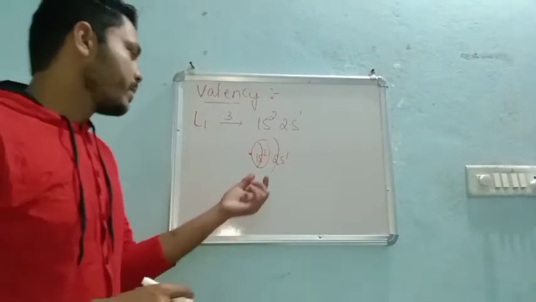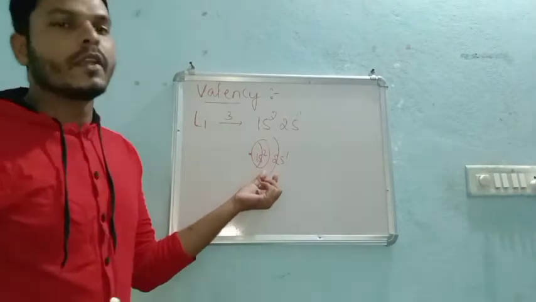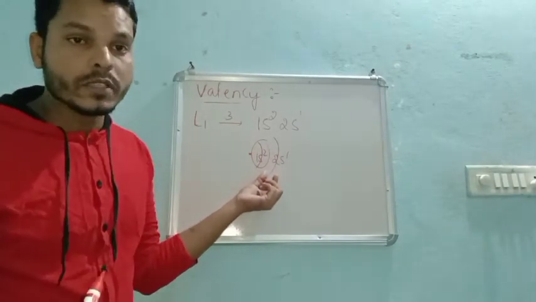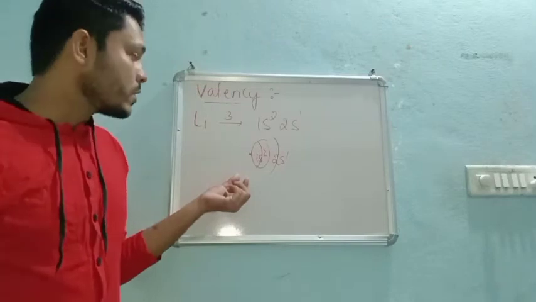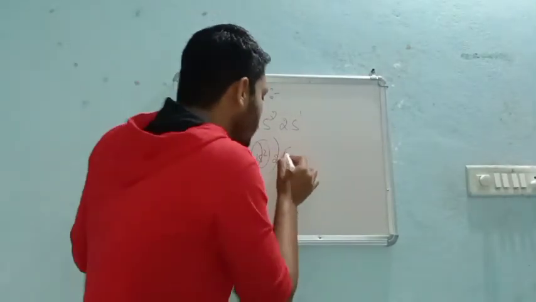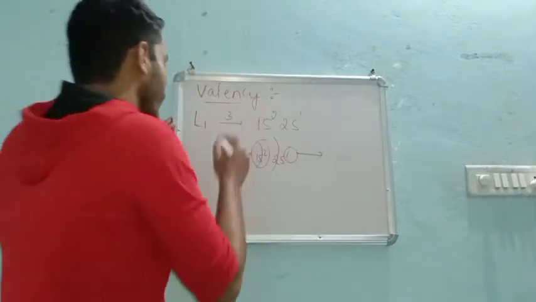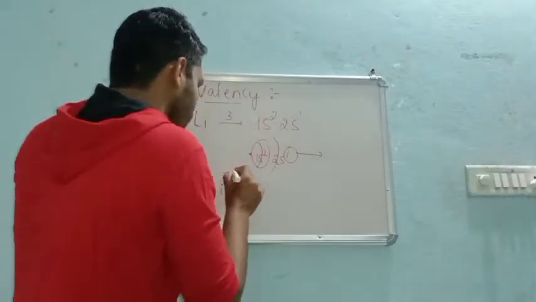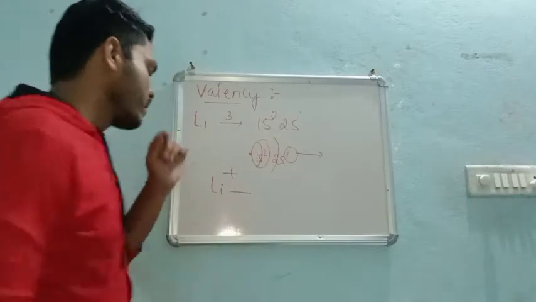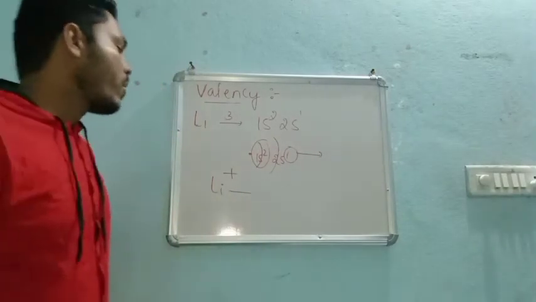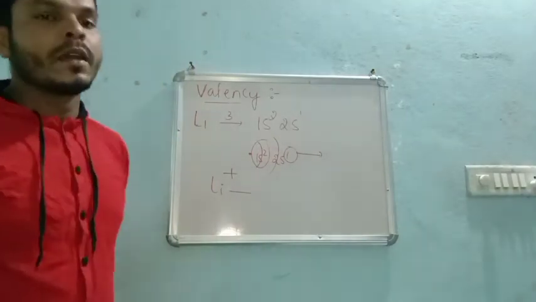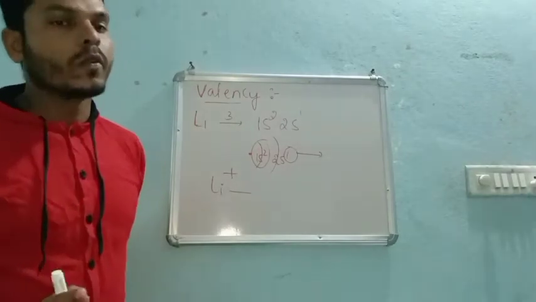Why? Because the outermost cell is different here. The second cell is the outermost cell, not the first cell. So the number of electrons present in the valence shell will undergo formation of a bond. That's why the valency of lithium is always 1. Therefore, whenever you see bond formation with lithium, it will always be 1 only.